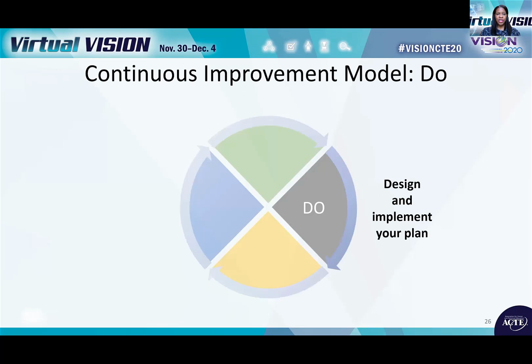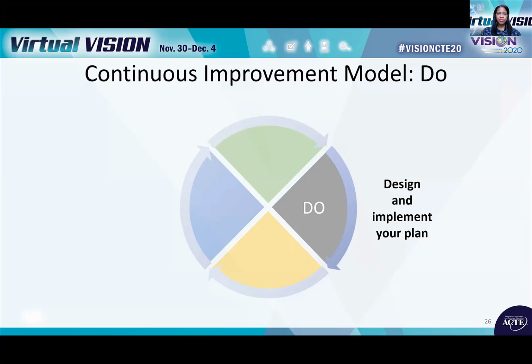And then we move to our next component of the continuous improvement model, do. And in do, you are designing and implementing your improvement plan. This is where it starts with the observation and then becomes more complex and rigorous as you begin to implement and create a plan.